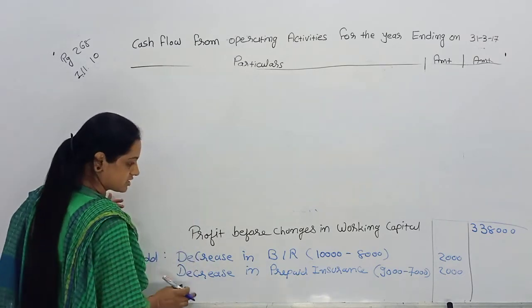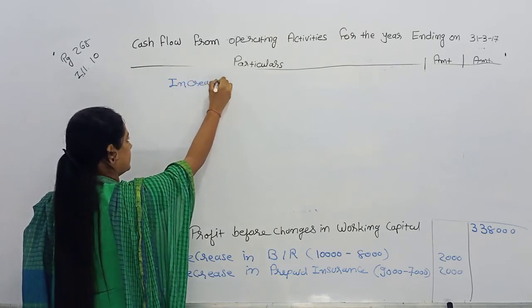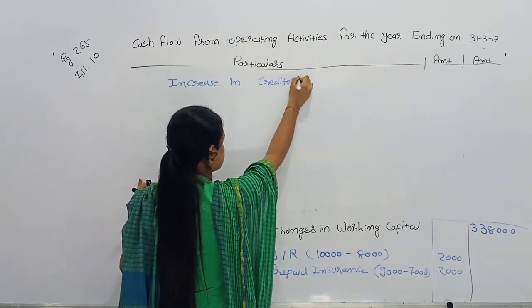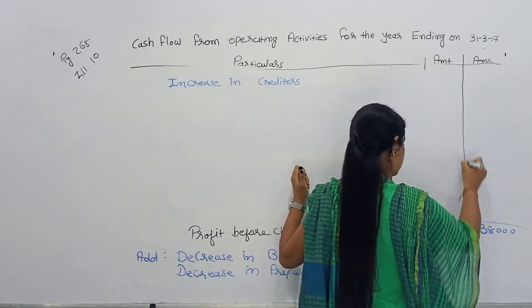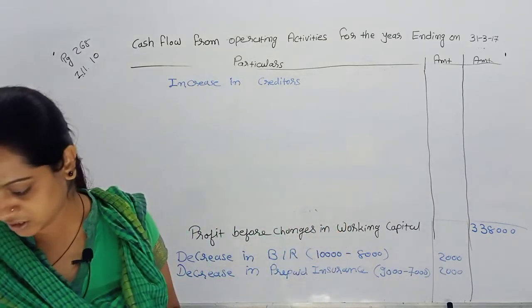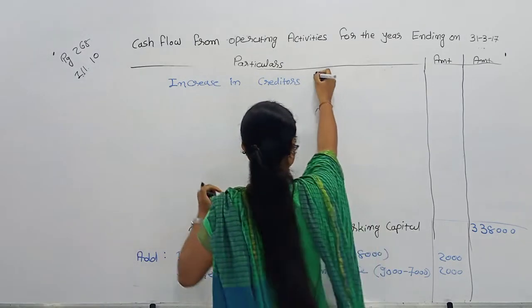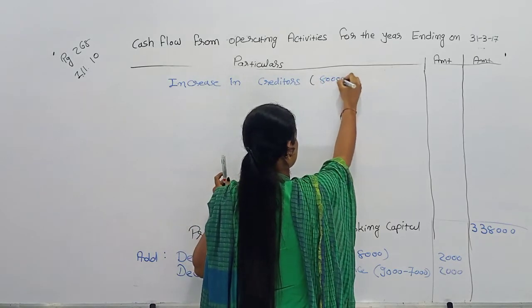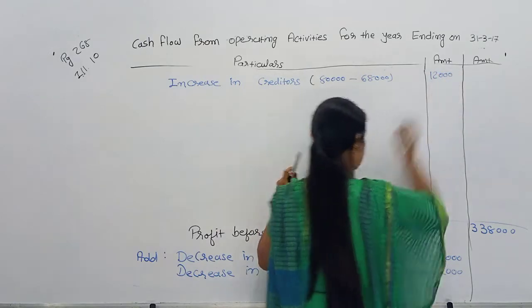Next, increase in creditors. In the beginning 68, at the end 80. So we have to write 80,000 minus 68,000, and our answer will be 12,000.